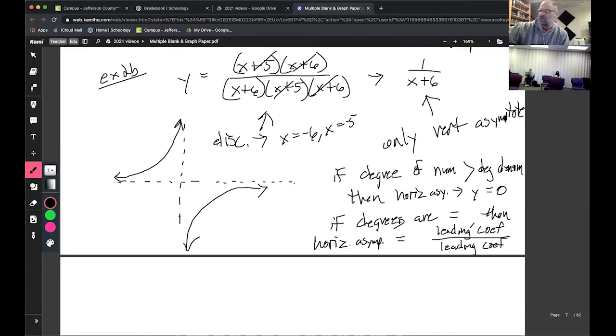All right, so obviously there's a third example here. I can turn the page.